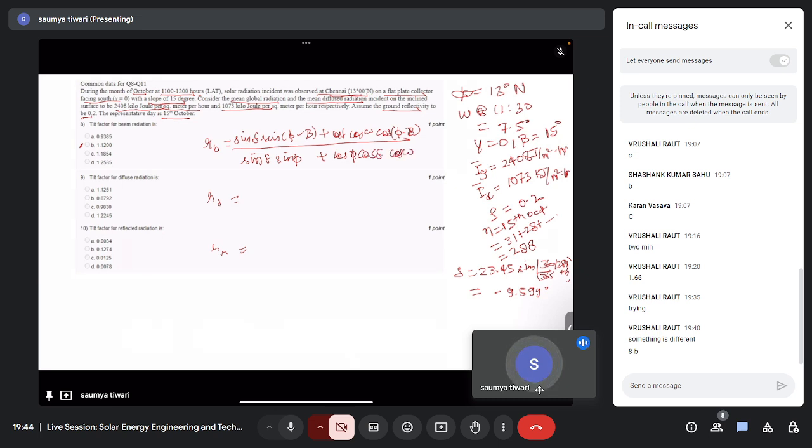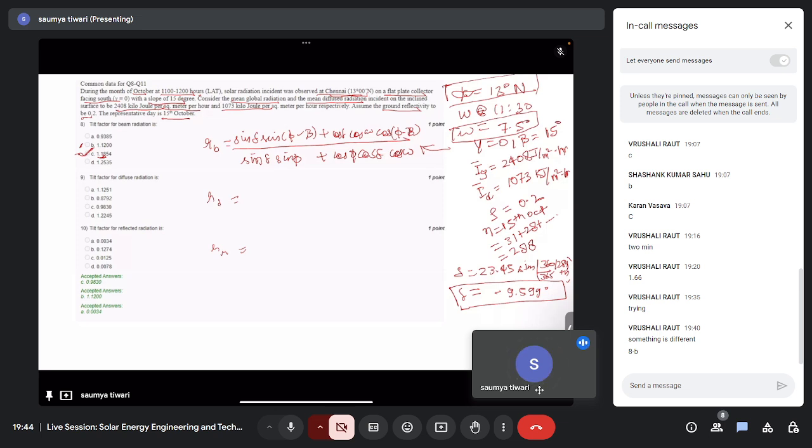We know the value of delta, phi, beta and omega. We can put them back into this equation and get the value of RB.